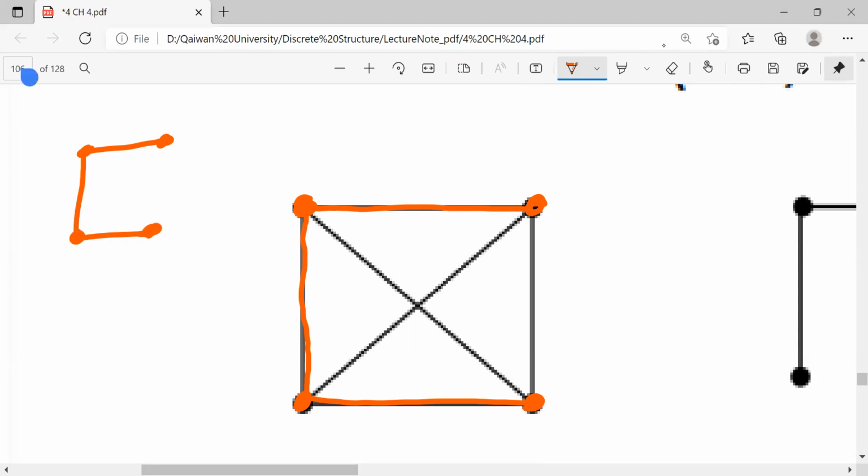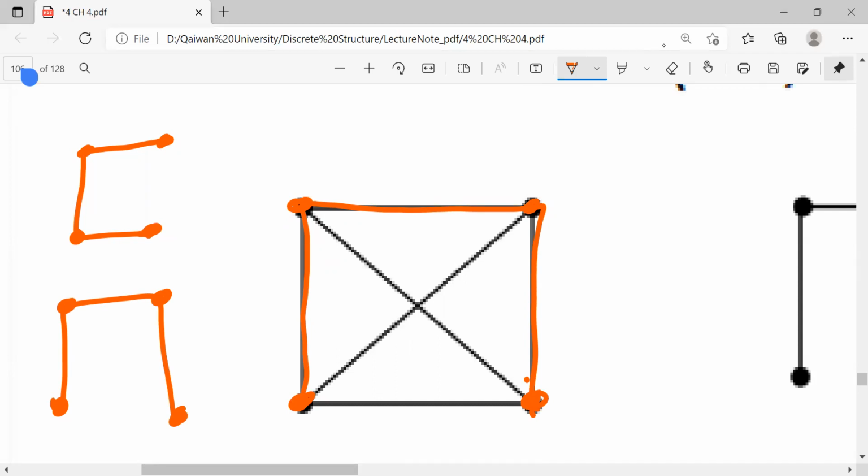Someone may take this one. Someone else may take it this way. Look, the most important thing is that the tree includes all the vertices. This one also contains all the vertices of the graph.